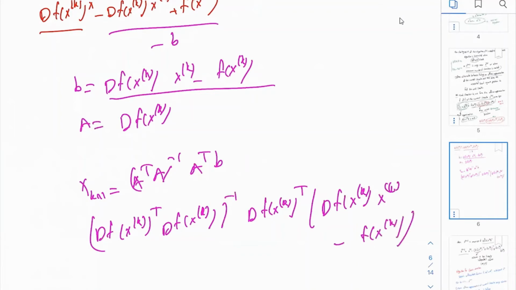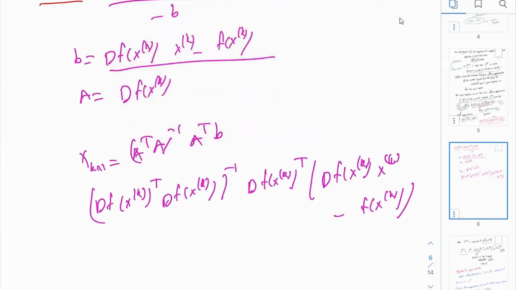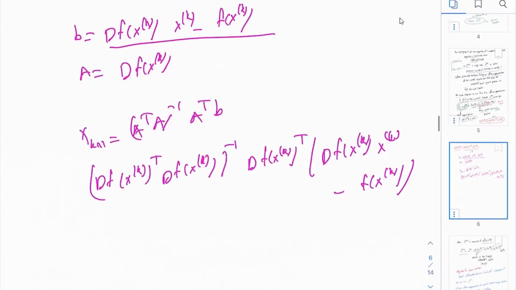What I want to do is expand this, but before we expand this, let's just avoid some calculation, right? You see this term here, isn't this the same as that? This is just inverse of that. This term is inverse of this, right? So when you multiply them together, you just get x of k, right?